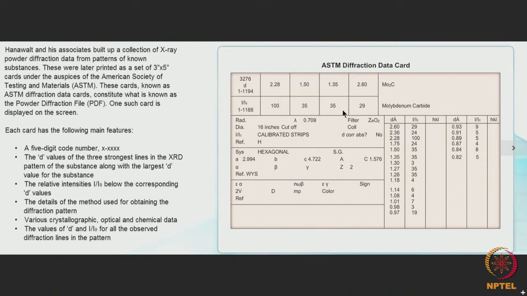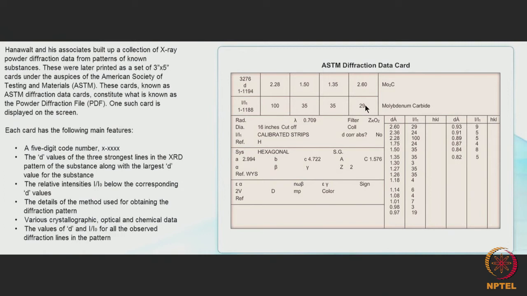In addition, we also have the highest D value that we can obtain from this material. So, this material shows the highest D value of 2.6, which is recorded here, and the corresponding relative intensity is also shown here.